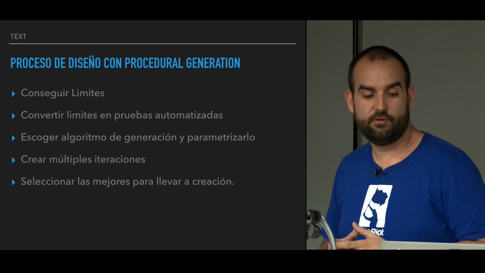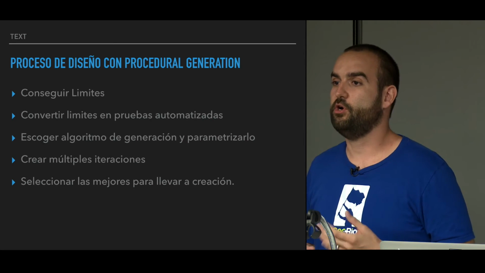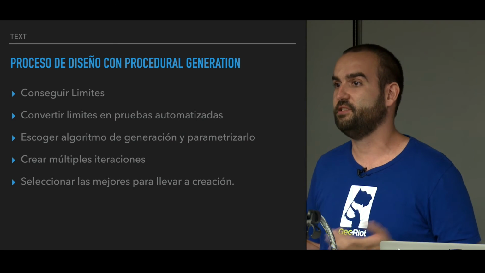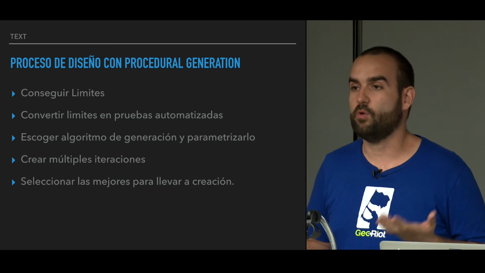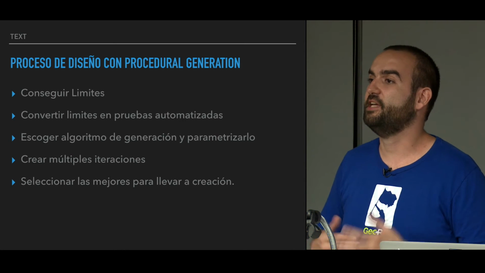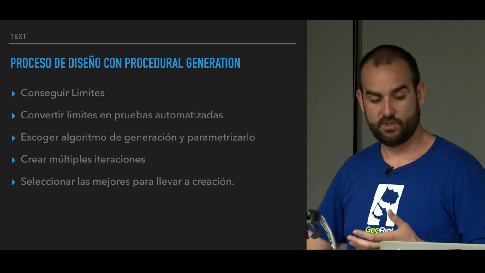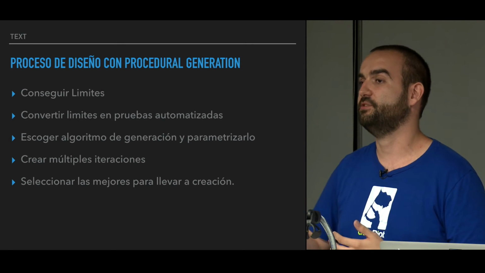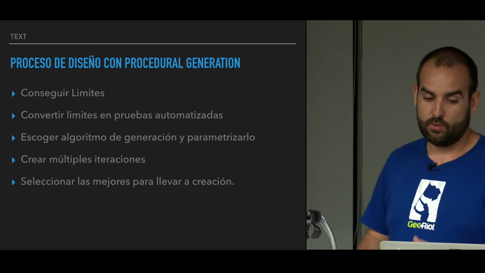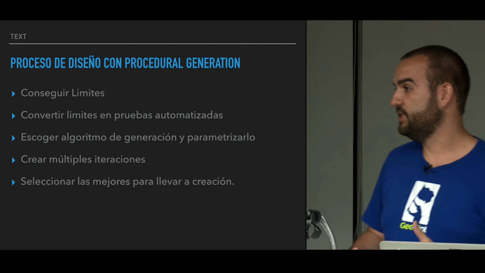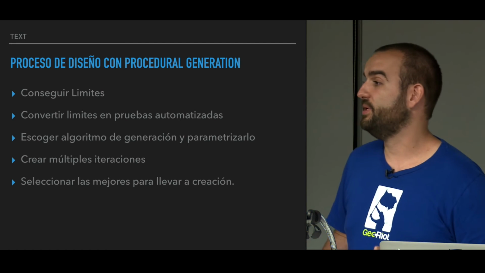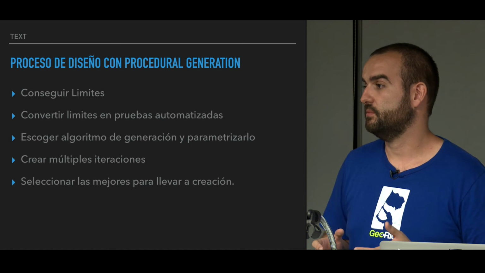So the last thing I want to talk about: in a normal software design process, you basically write requirements. You sit down and make a design. After the design, you write your software, and you come back and test and do multiple iterations, right? When you're using procedural generation techniques, you're not really looking for requirements, but for constraints.